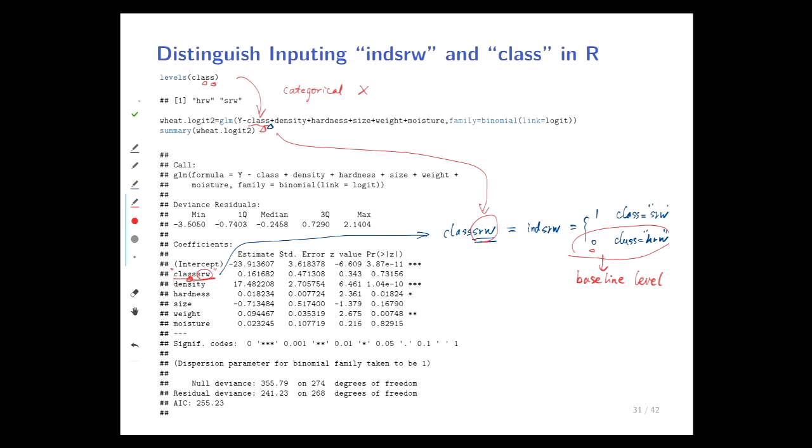That's also a question, I think, in your assignment 1. So this HRW here is our baseline level. When you input this class variable directly, the first element of the levels of class is the baseline level. So you need to be very careful here, and later I will give you a totally different example.